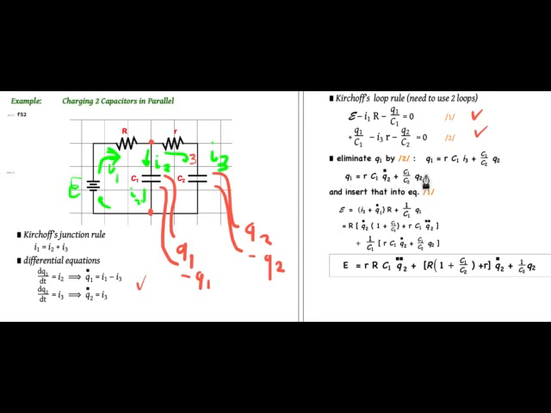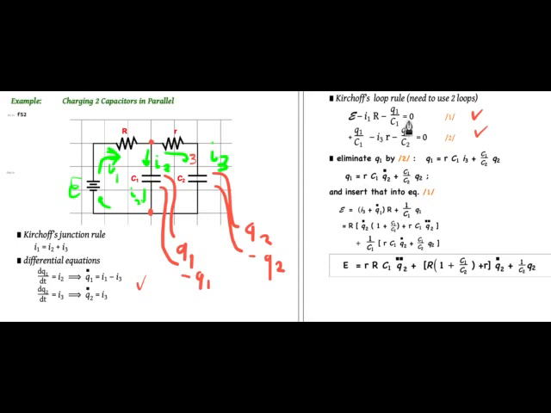Now I'll insert that value of Q1 back into equation 1. So I'll now have E, well, let's say E is equal to I1 R plus Q1 over C1. So here's E, here's Q1 over C1.